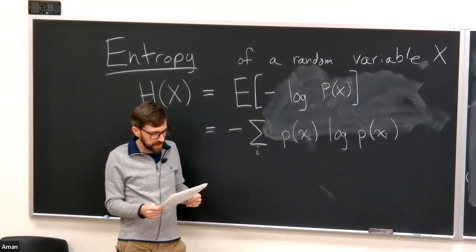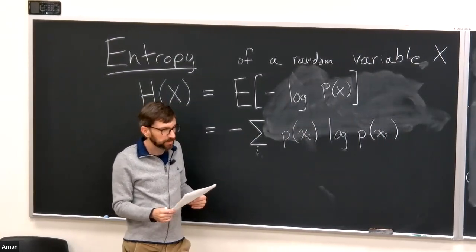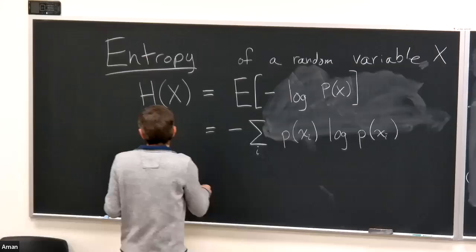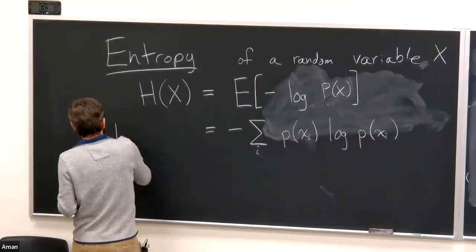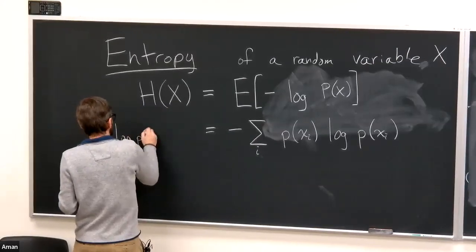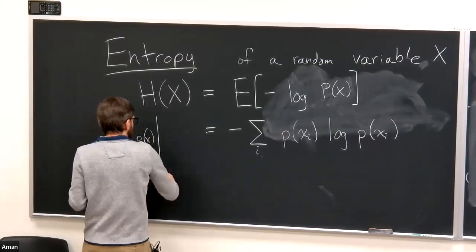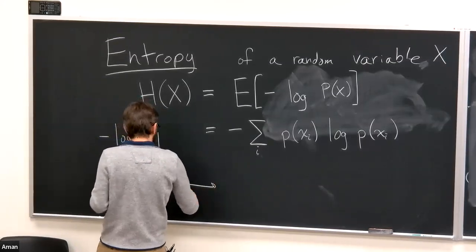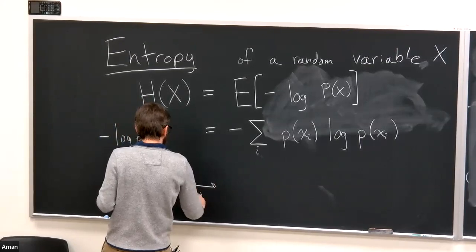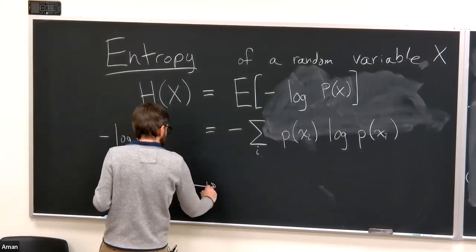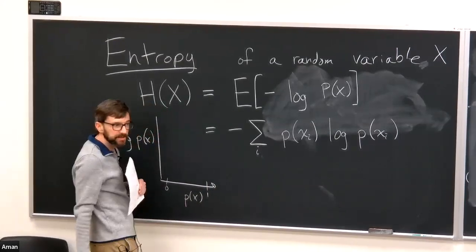Let's take a look at, first of all, what is this function that we're taking the expected value of, minus log p of x. If I plot it as a function of p of x, just to get a sense, from 0 to 1, since p of x is a probability.